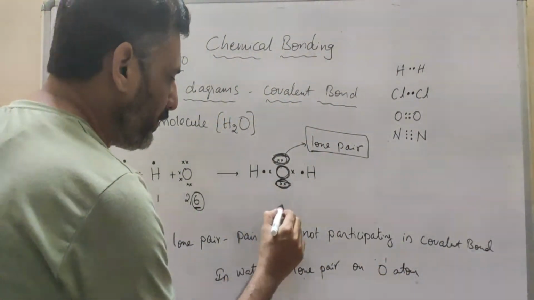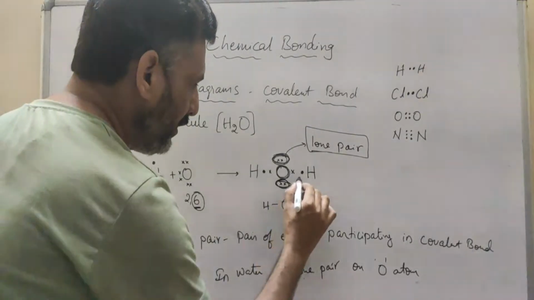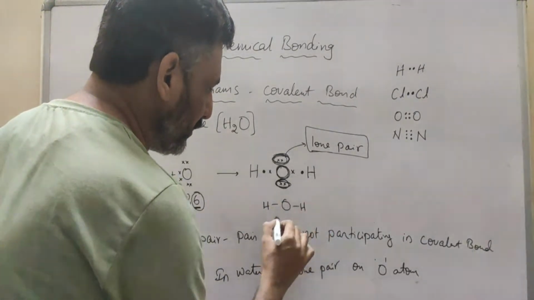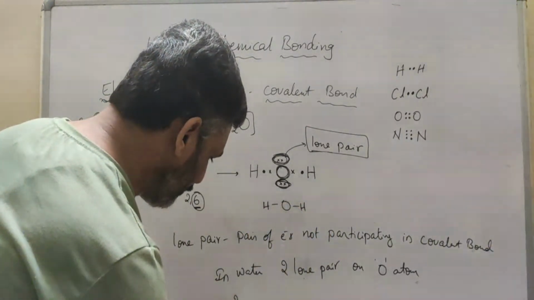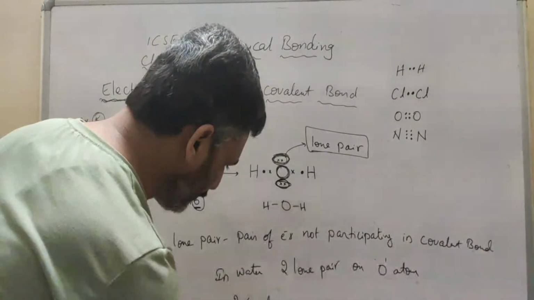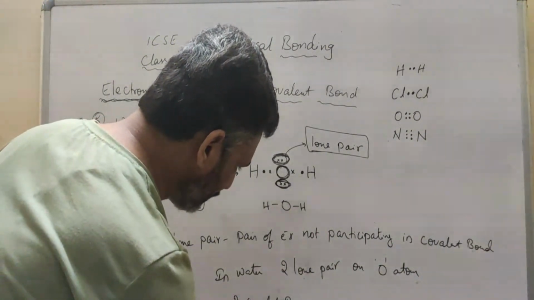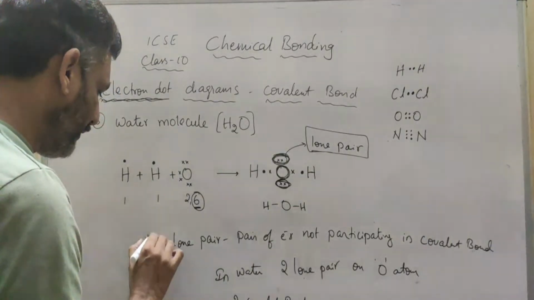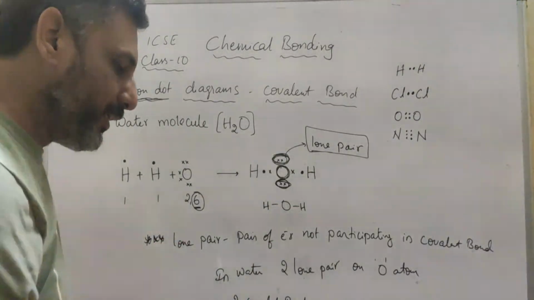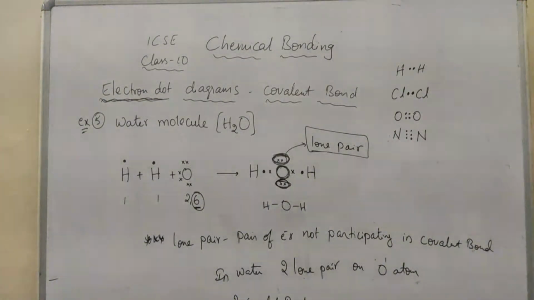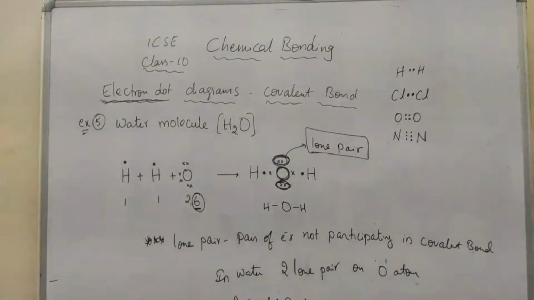There is a covalent bond with this hydrogen and one covalent bond with the other hydrogen. So two covalent bonds. This is a very very important one. Definitely there will be one question related to lone pairs of electrons every year.